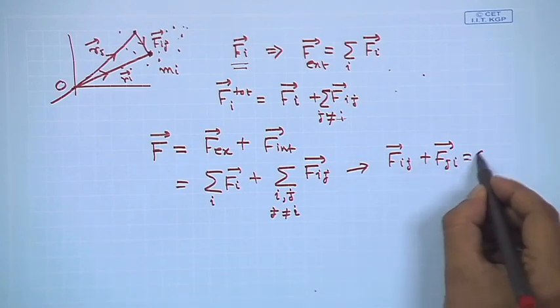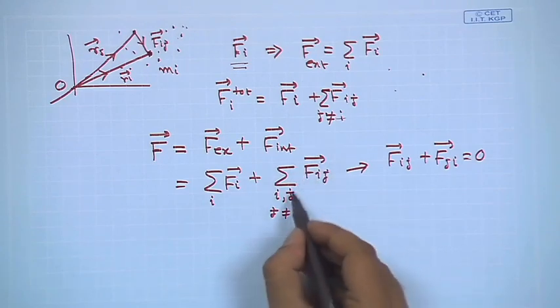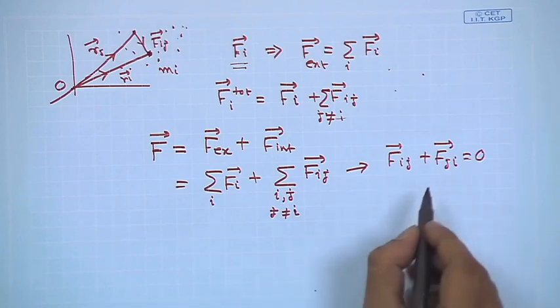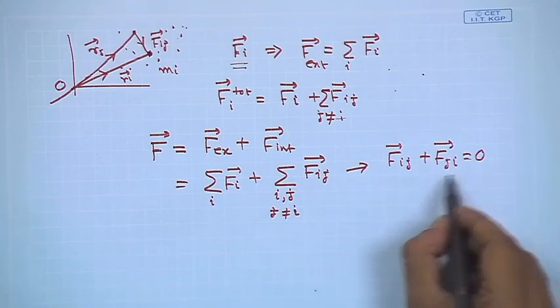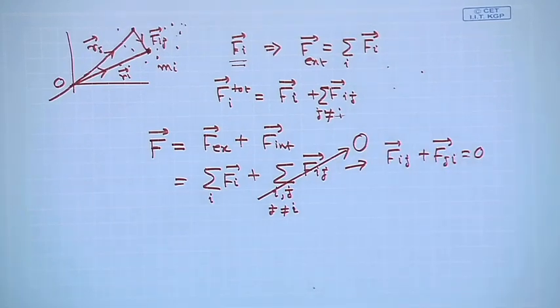So, the combination of these will vanish, and if we open up this summation and write term by term, we can always form such pairs. So, as a whole, this whole thing will not contribute.